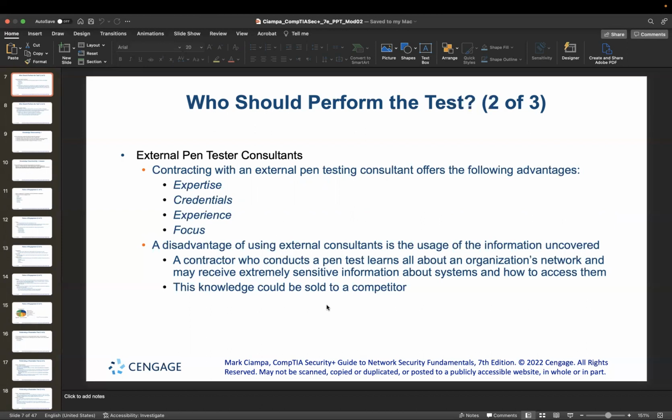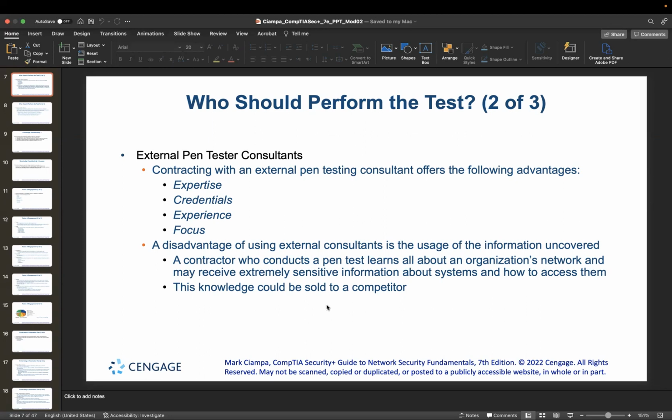So they have the expertise in-house, and you don't need to be limited to your own employees with their sets of expertise that may not necessarily be what you need. They usually have good credentials, experience, and they have a focus on what you're asking them to do. So it sounds like you're going to get a better skill set, better power in the pen test process.